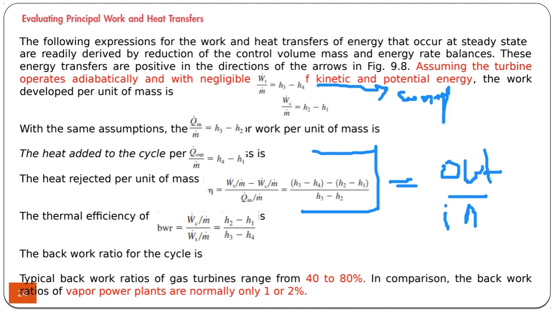So it means that 40% to 80% of the turbine work is used to drive the compressor. It's a large value because it was only 1 or 2% for the vapor cycle. Remember that in order to run the pump, which pumps liquid from condenser to the boiler, it's necessary to use only 1 to 2% of the turbine work. However, in this case, it can be as high as 40% to 80%.